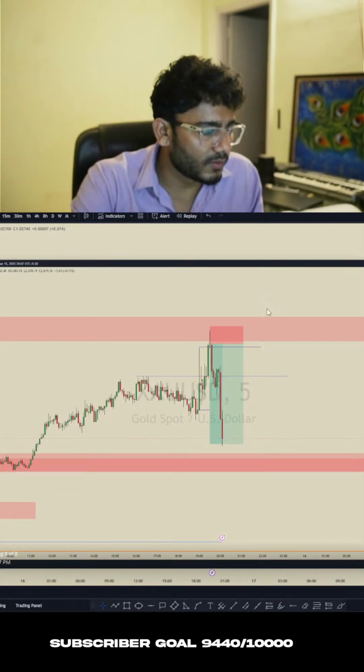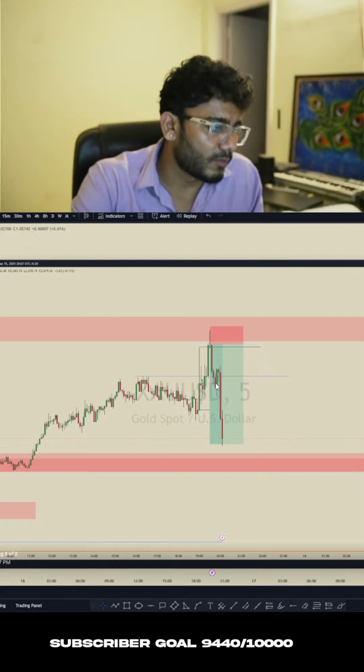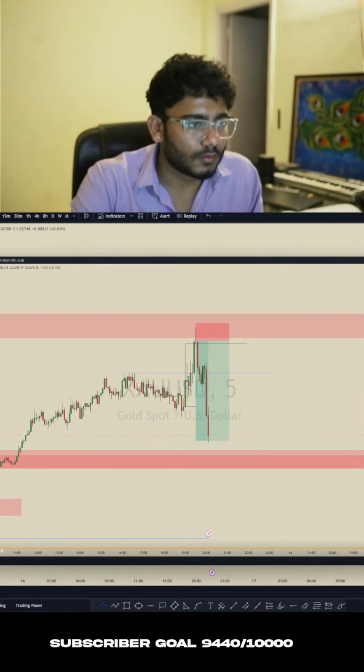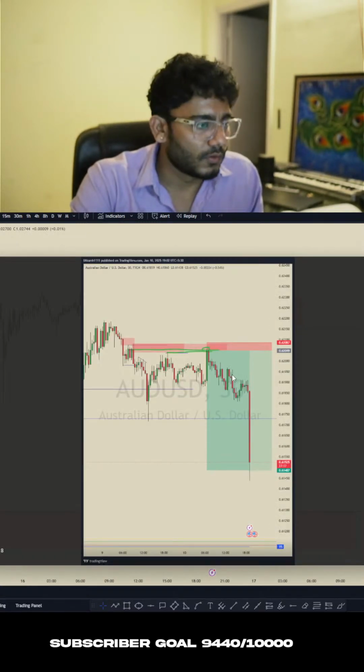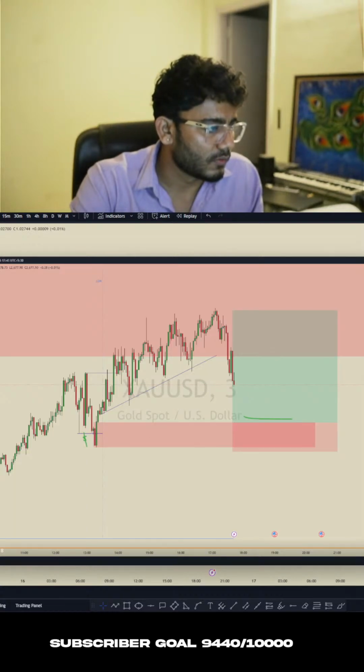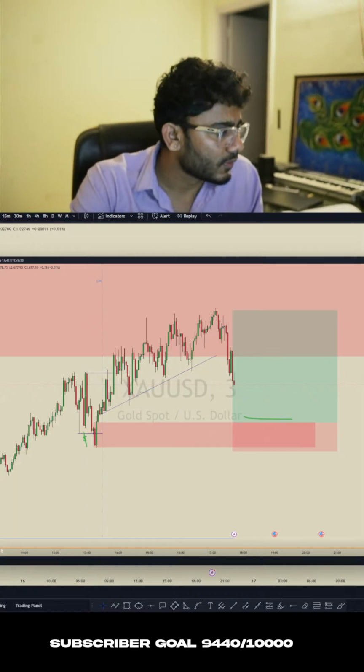This was the sell zone. This was the buy zone. But here on the buy zone, I was trying to sell, so I missed this move to the upside, and this was the sell entry which I shared on this channel. This was gold buy.